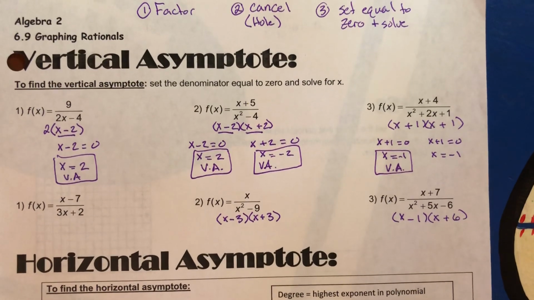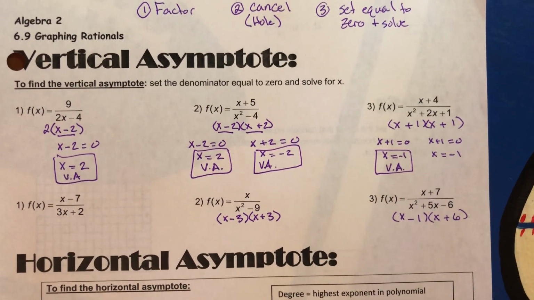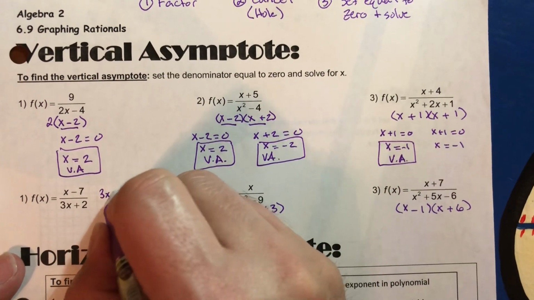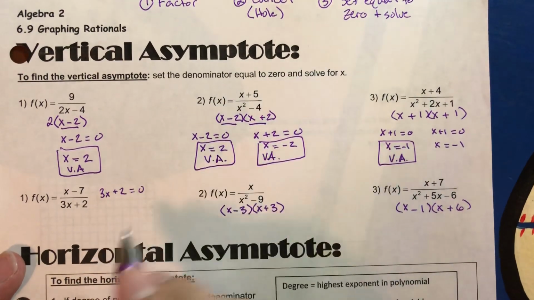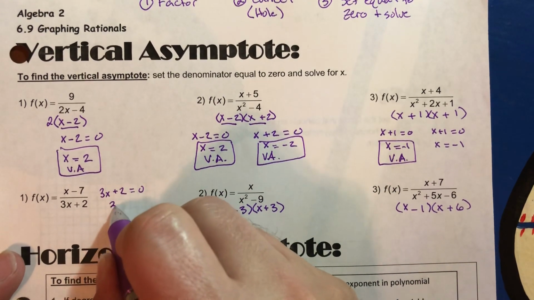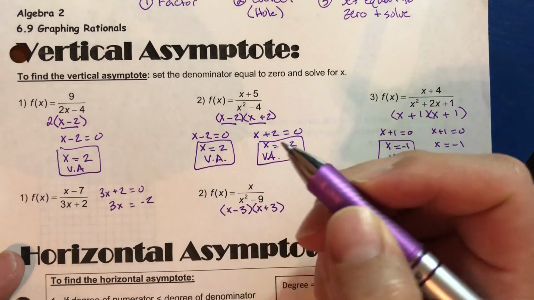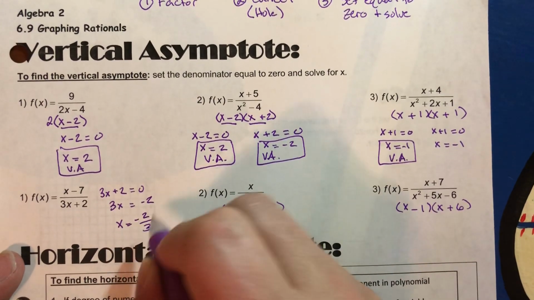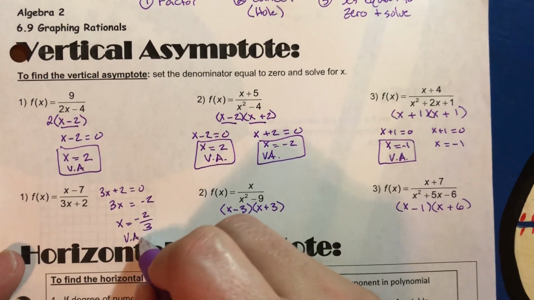X equals negative 1. For this one we set the denominator equal to 0. 3x plus 2 is equal to 0. We just set the entire denominator because we don't need a factor. 3x is equal to negative 2, and then x is equal to negative 2 divided by 3. So again, that's the VA.